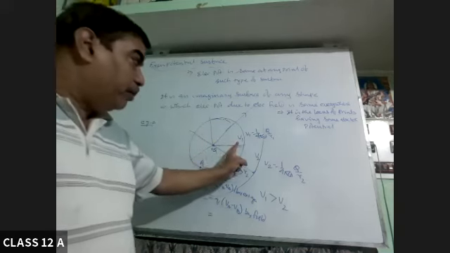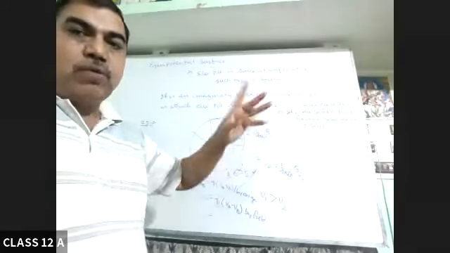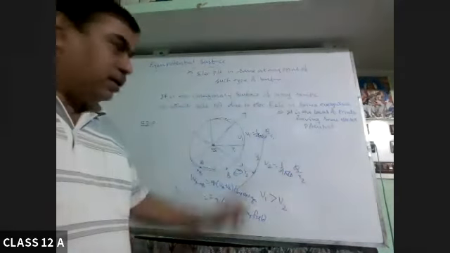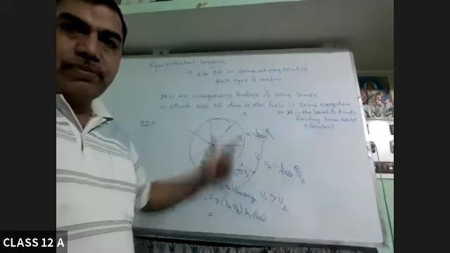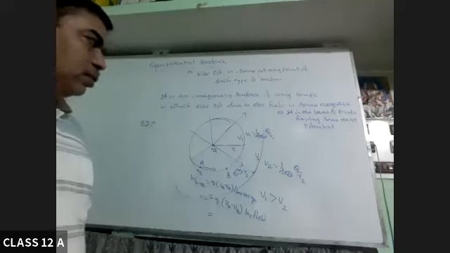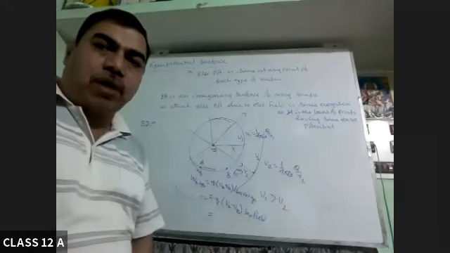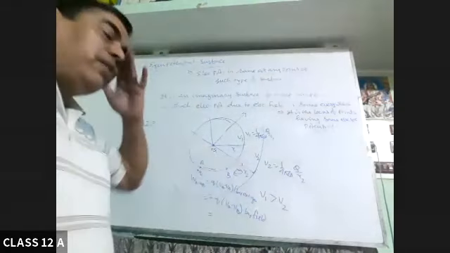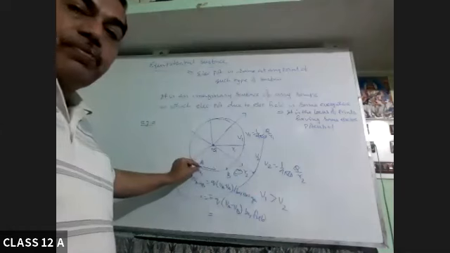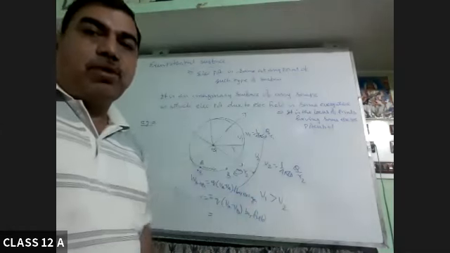But if you are moving from one equipotential surface to another, work will be done. In this case, it will become Q (V1 minus V2) or Q (V2 minus V1). But work will not be done when we move a charged particle from one point to another on the same equipotential surface.